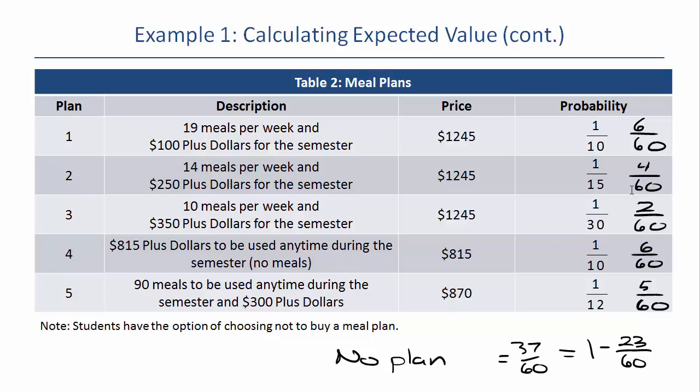So when you think about it, in the sense of probability, when we say 1 out of 10 being the same as 6 out of 60, that means that out of 60 total students, 6 of them were in this category, 4 in this, 2 in this, 6 in this, 5 in this, and then 37 of them in the category of no meal plan.